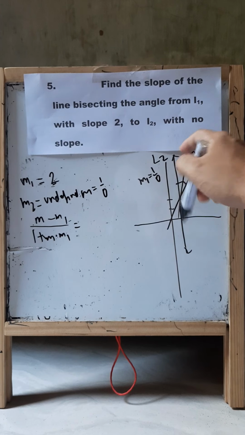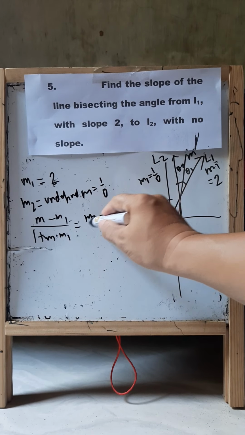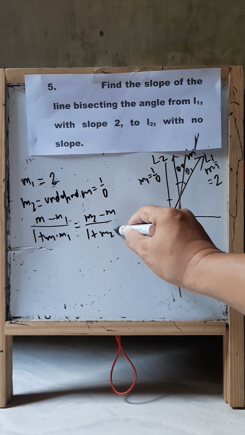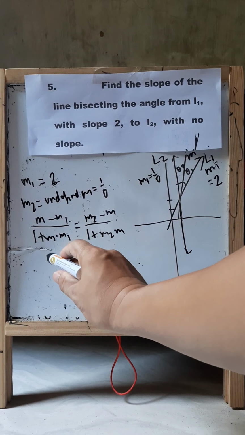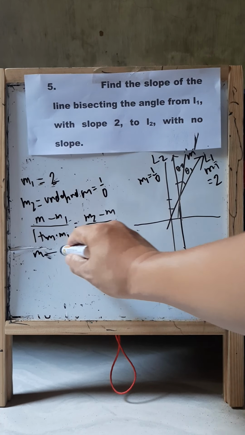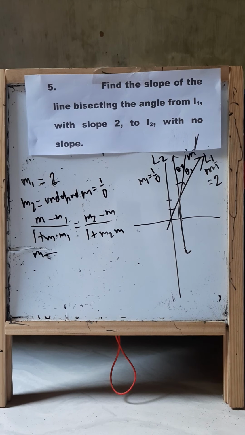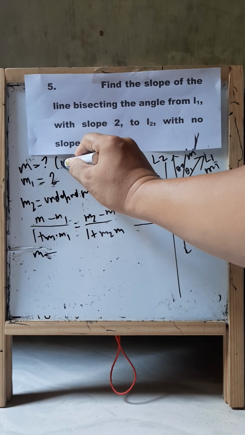For theta 2, m sub 2 is line 2, so m sub 2 minus m over 1 plus the product of m sub 2 times m. So that will be our equation now. Then substitute. What we're trying to find here is m, the slope of the angle bisector.